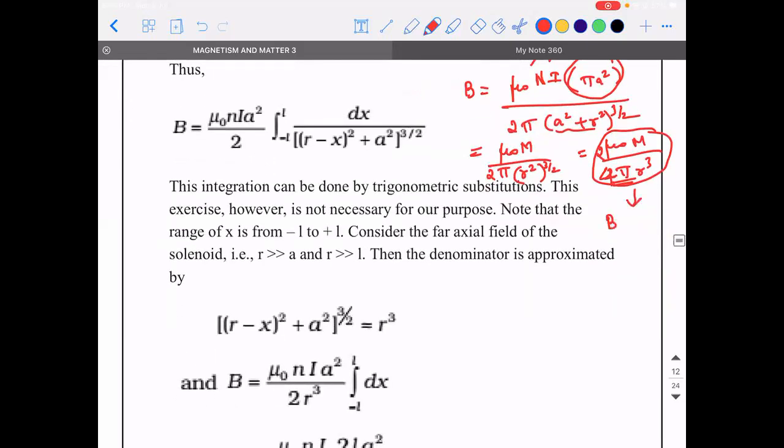This is the magnetic field due to a bar magnet along the axial point, right? Yes, we got this expression from the solenoid. And that is the reason why we say that a solenoid is equivalent to a bar magnet.